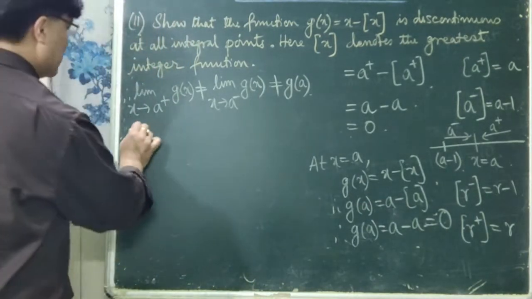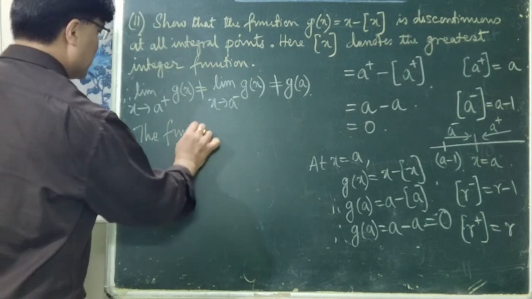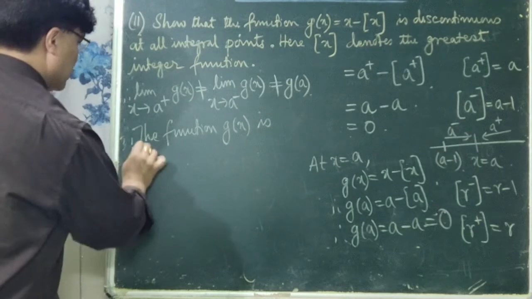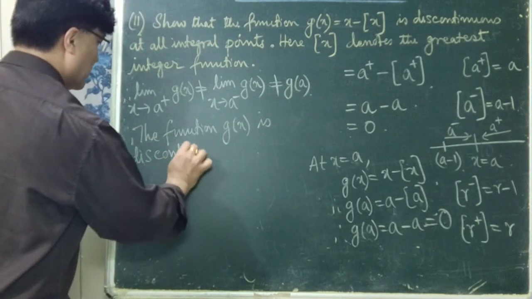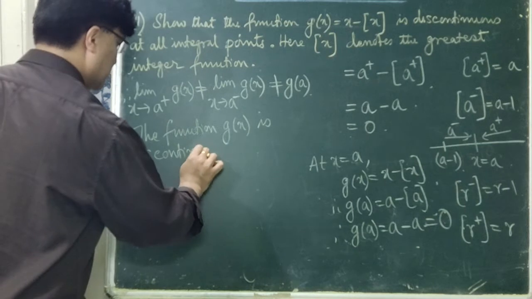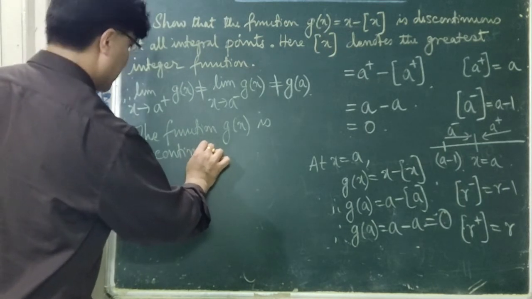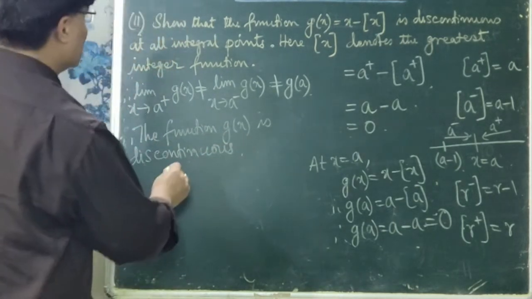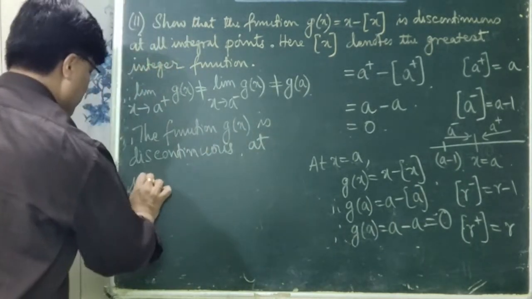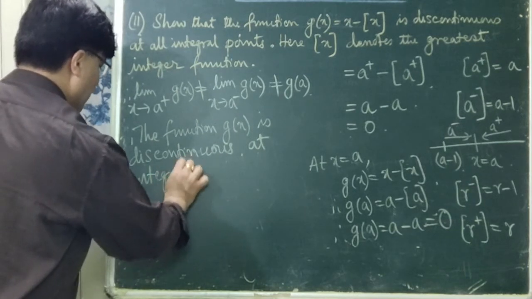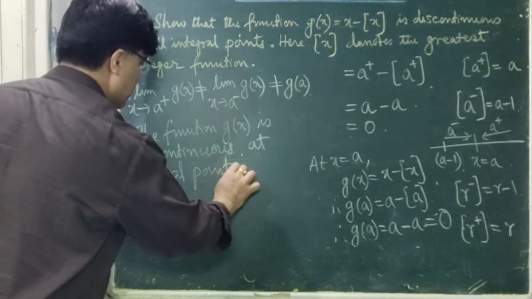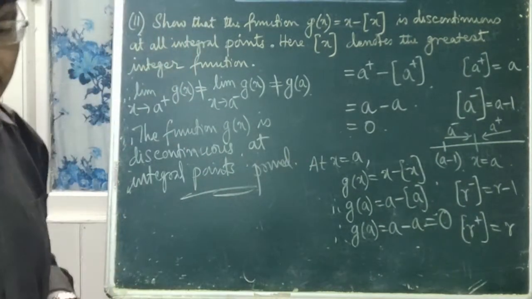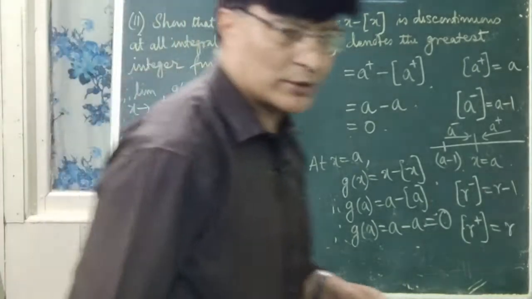So therefore you can write the function g of x is discontinuous at all integral points. So it is proved. So I think you have understood it. So you can copy it. We'll do the next question now.